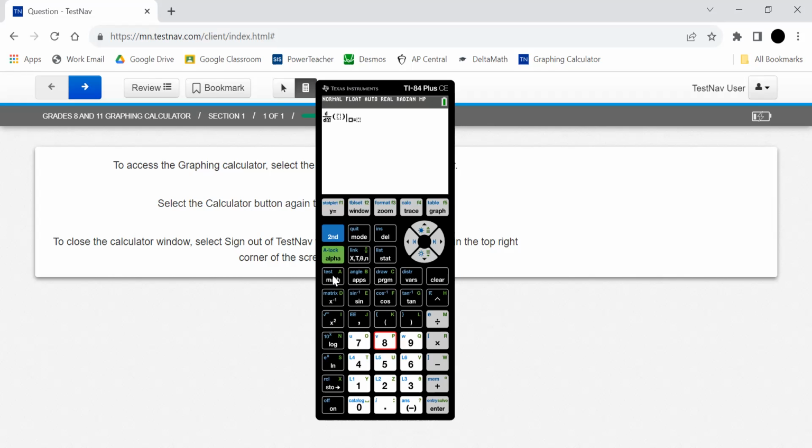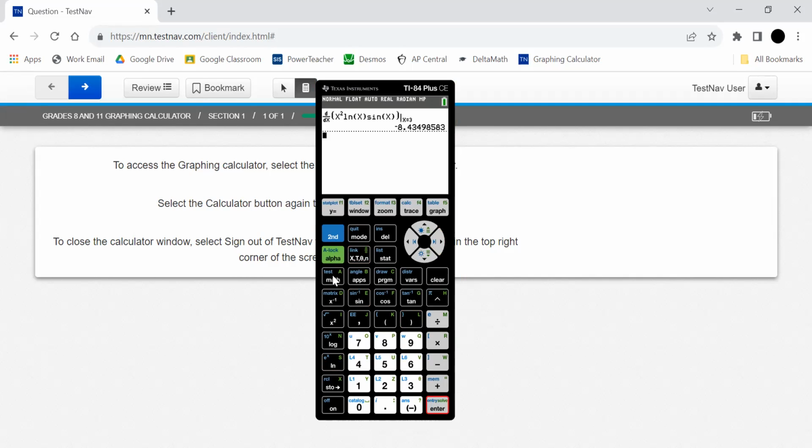For this, we just need to put an x, which is next to the alpha button. Then we type in our function, which was x squared times the natural log of x. Make sure you close the parentheses after the x, times the sine of x. We'll close that parenthesis, go over to where it says x equals, and put in the value we were trying to evaluate it at, x equals 3.